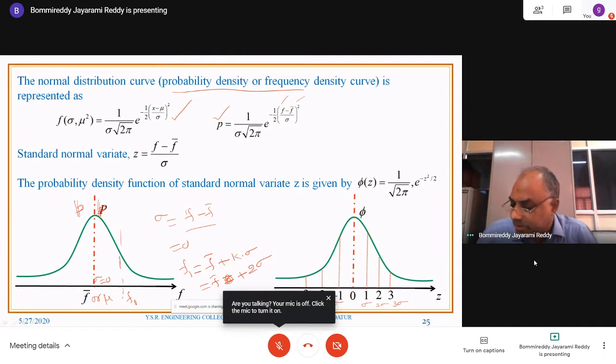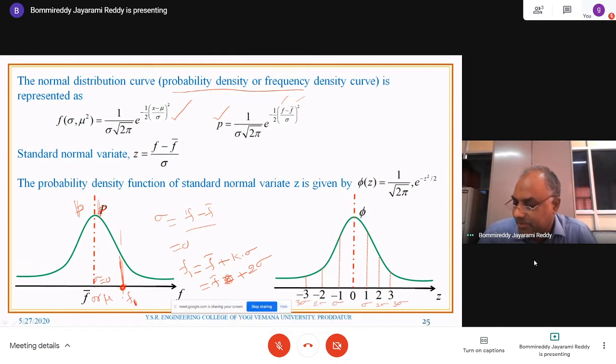That means the ordinate, the value of the stress at this point is f1. That value is obtained as f bar plus k times sigma, which is the generalized term, and if you want 2 sigma, f bar plus 2 sigma.